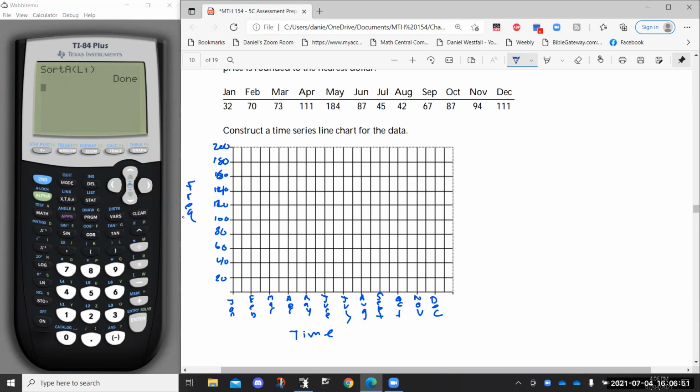So 32 is going to be from January to February here. 32 is about here. I should have shifted this to the right a little bit. These should have been in the middle.